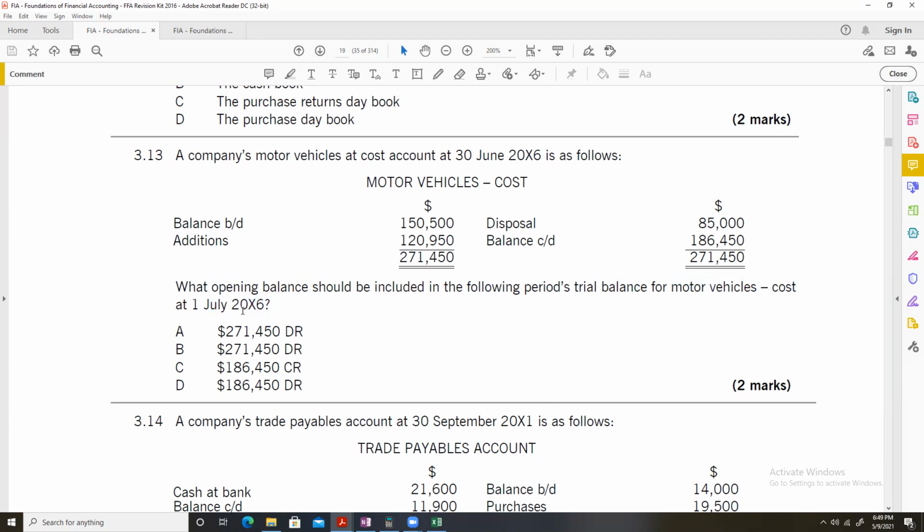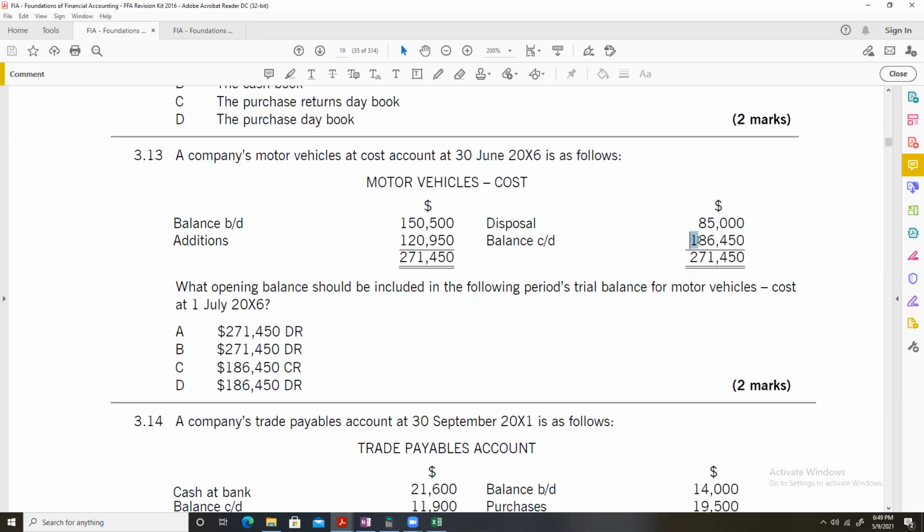Now, just look at the date at which the question is asking you to identify the amount. 1st July 2006. And this account is for 30th June 2006.